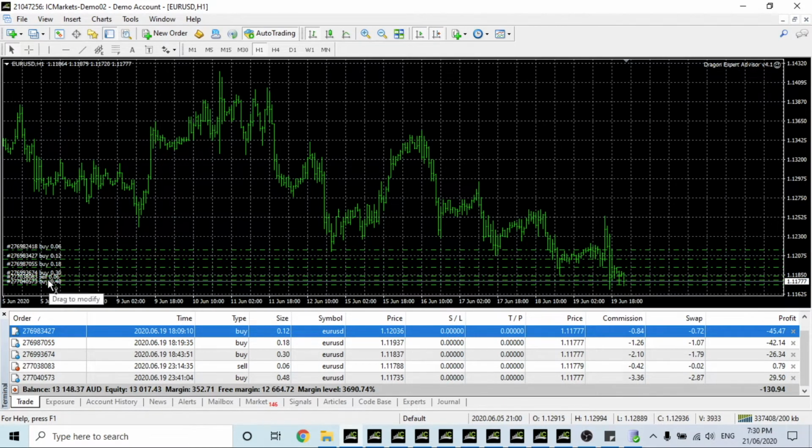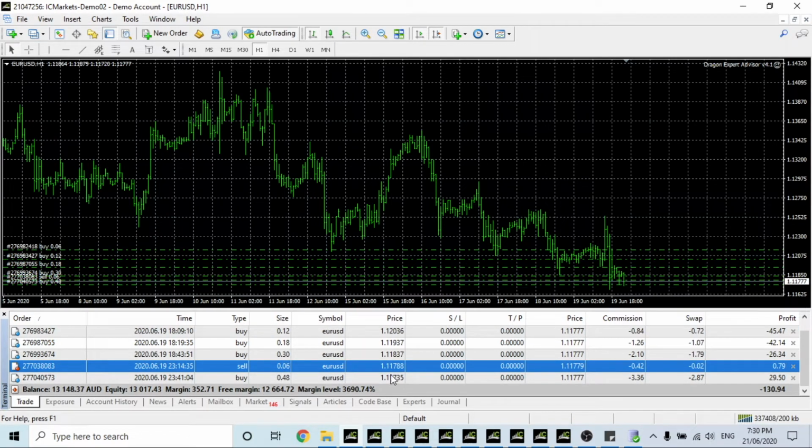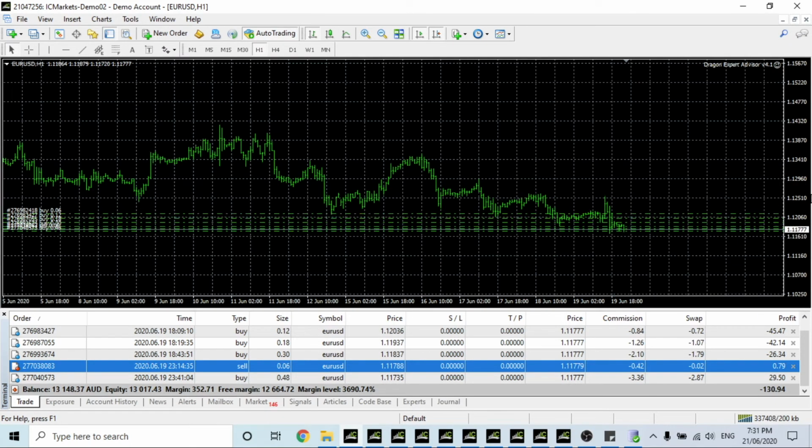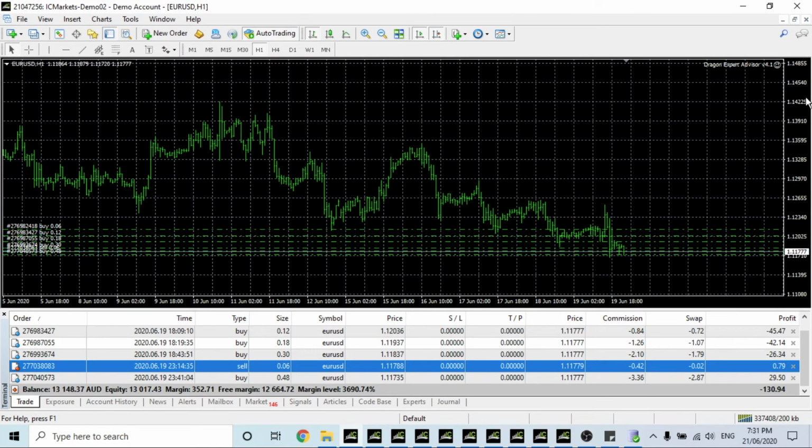There's a sell here that you can see, that one there. It is quite interesting how it trades, but everything else is a buy, and we're currently down $130. I can't actually see where the take profit is, so it must be an internal or hidden take profit for this one.